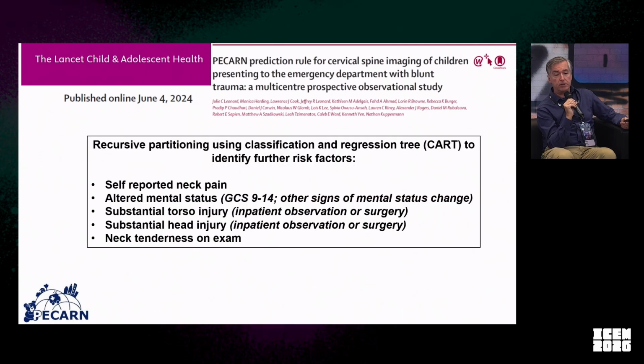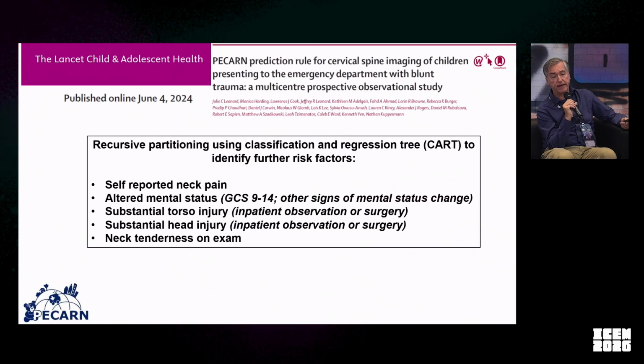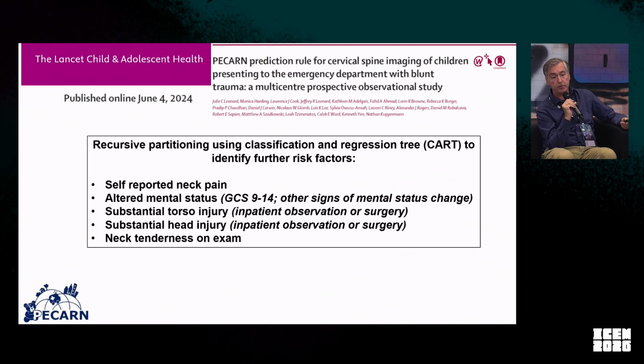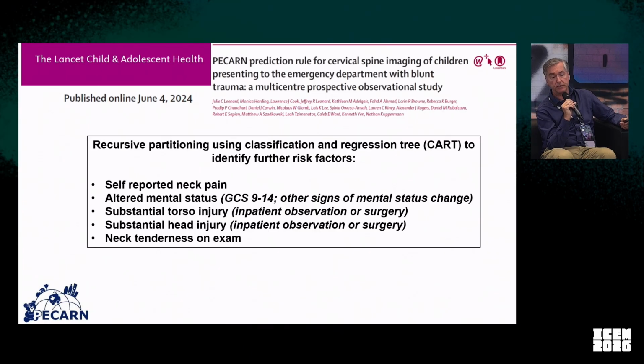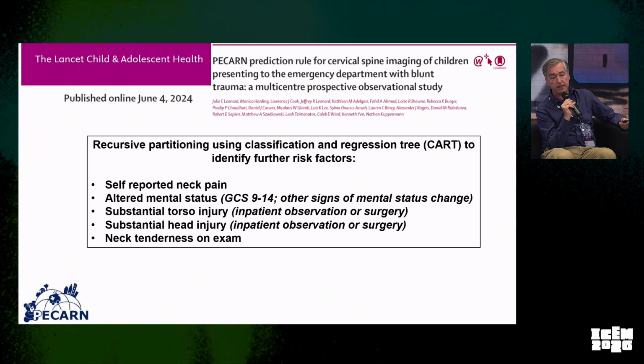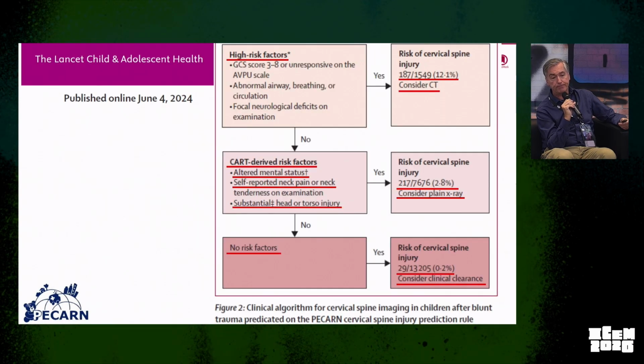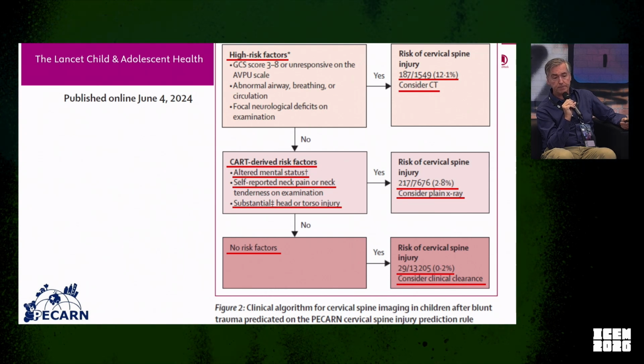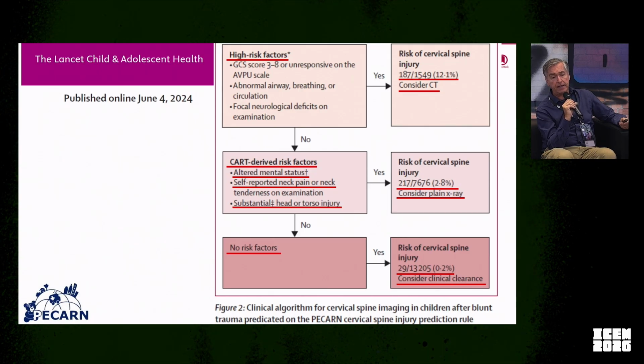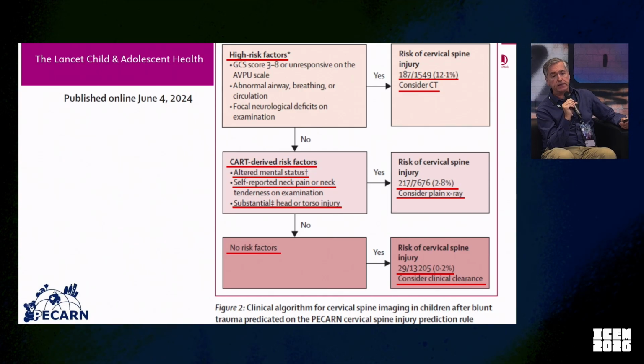They then used a beautiful big computer program and identified further risk factors. And they included self-reported neck pain, altered mental status with a GCS of 9 to 14, substantial torso injury, substantial head injury, and neck tenderness on exam. And when you put this all together into an algorithm, as published in The Lancet, if you had a high risk factor, then the risk of cervical spine injury was 12%.